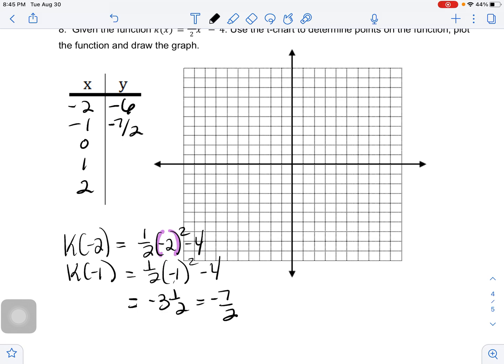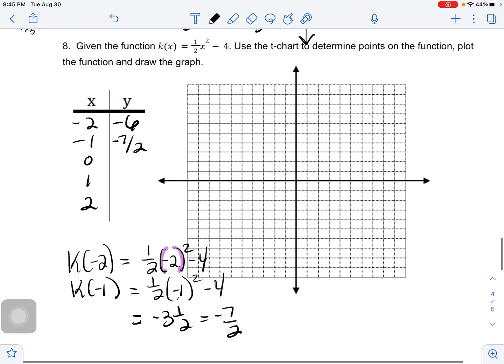Okay, k of 0. You're going to plug in 0. You're going to get -4. K of 1, you're going to get the same thing you got for k of -1, -7 over 2. And k of 2, you're going to get the same thing you got for -2.